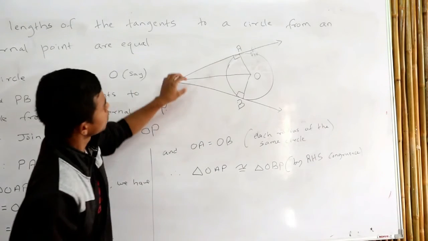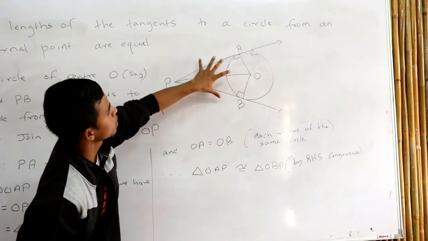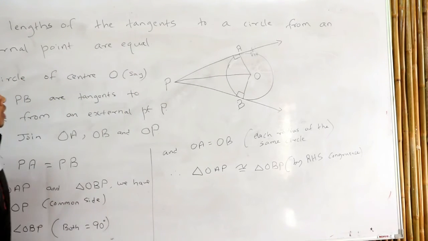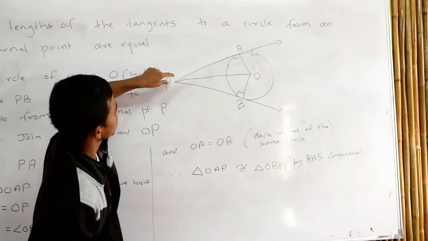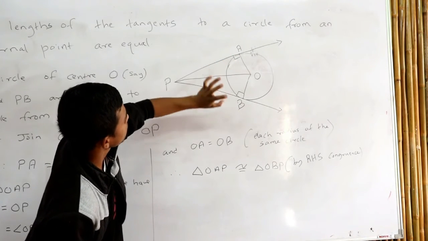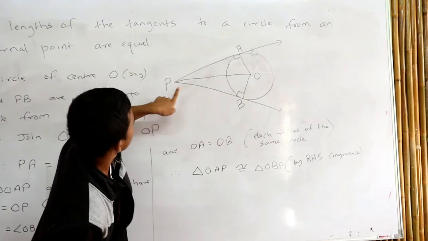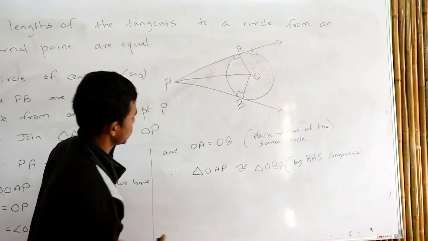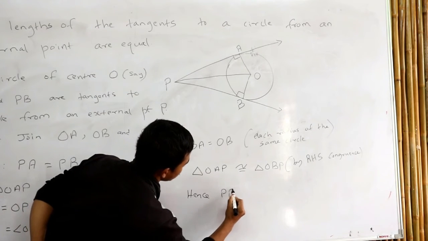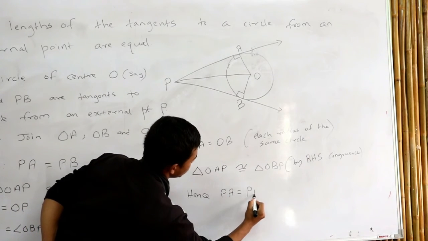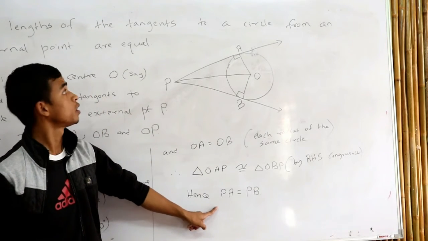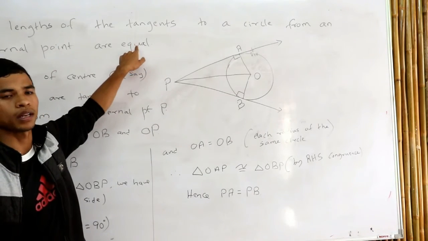So these two triangles are not just similar to each other, but they are congruent to each other. So that's why they are equal in all aspects. So this PA will be equal to the corresponding side of this triangle, which is PB. So hence we have PA is equal to PB. So this is what we have to prove according to the statement.